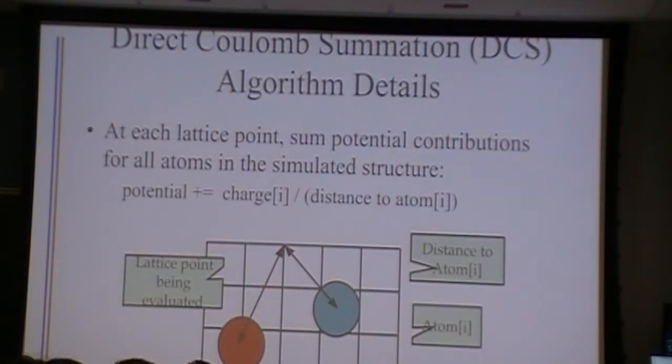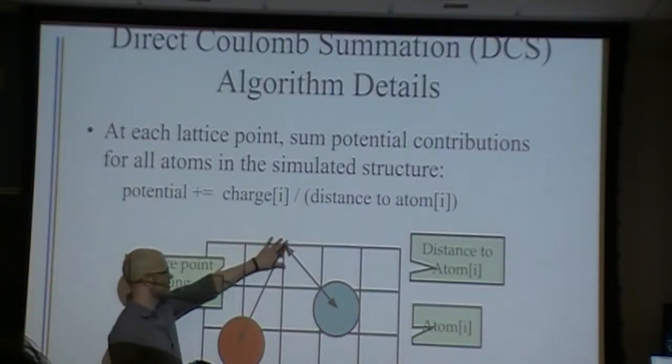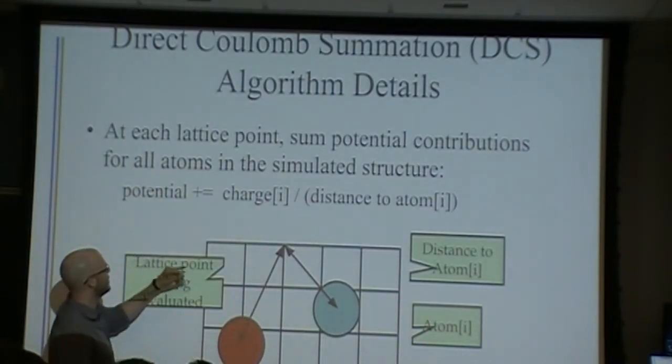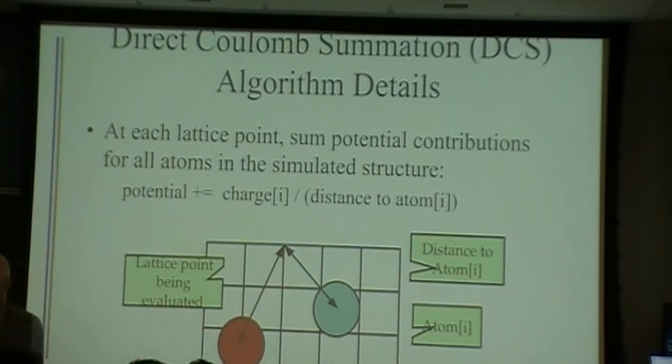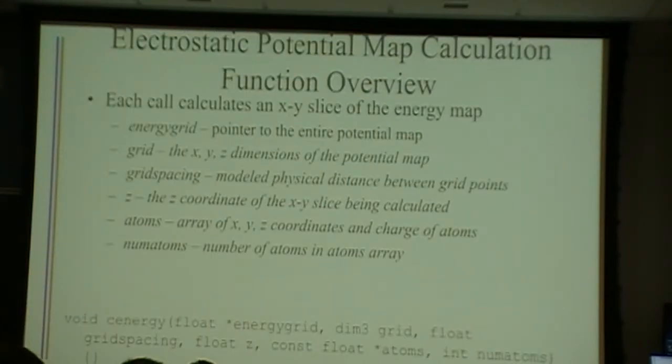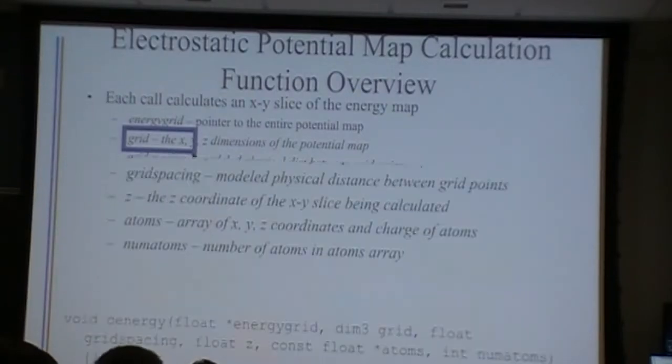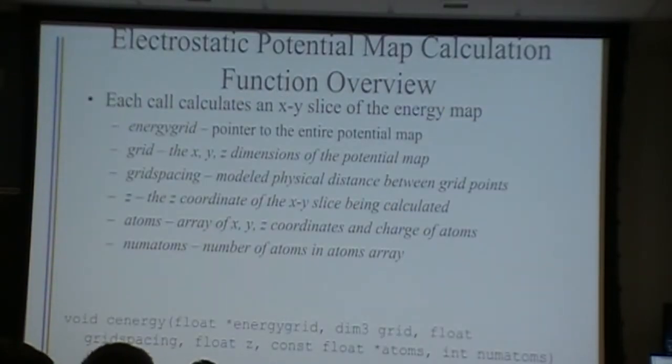Okay. So just to reiterate, for every lattice point, we look at all of the atoms and add up their effect on the potential, which is their charge, which can be positive or negative, and the distance that they are. These are some of the parameters of the example, but in any problem like this, these are the kinds of parameters that define the problem. So you have the extent of your grid, and a pointer to the data that represents your potential map.